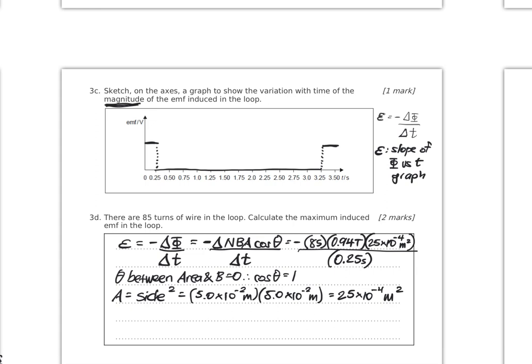And then the maximum EMF, we only get an EMF in the first quarter second and the last quarter second, so it's the same amount of EMF. So just pick 0.25 seconds for your time. And so what you wind up with is 0.8 volts for your EMF. So there's 3D.